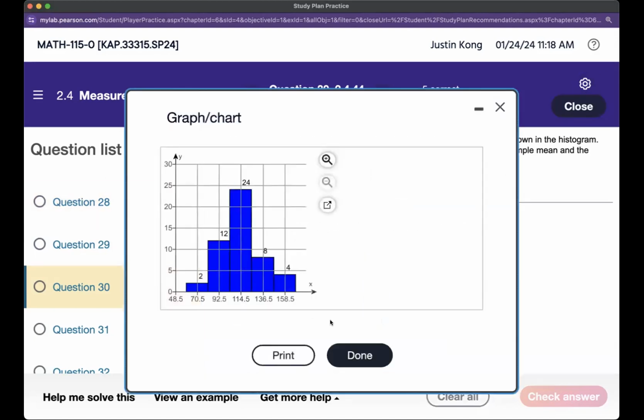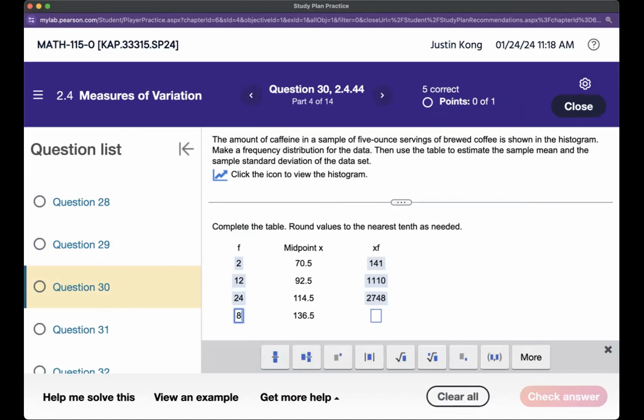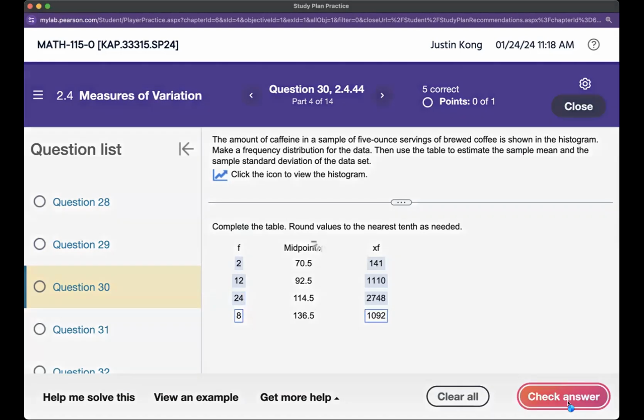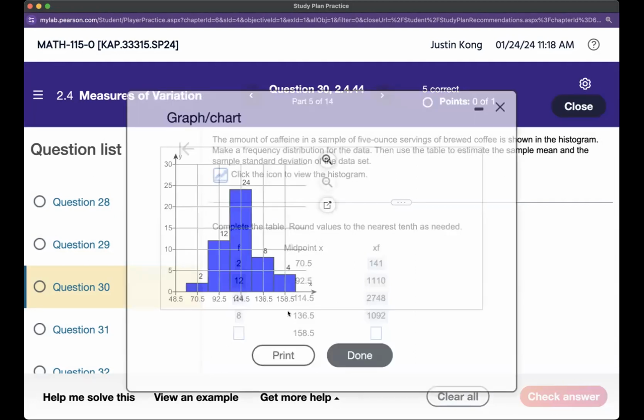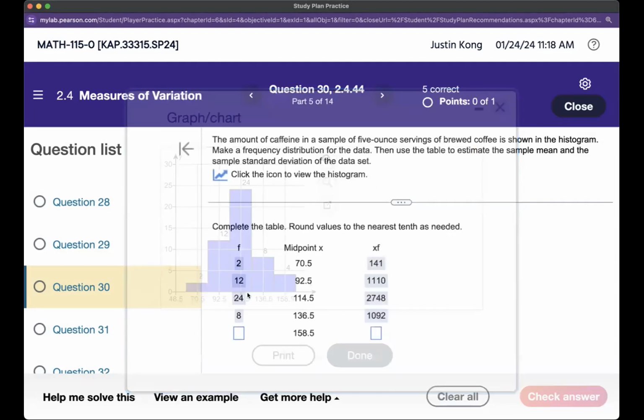Next is 136.5 with a frequency of 8. 8 times 136.5. That's 1,092. And then last one. Frequency is 4. 158.5 with frequency of 4.